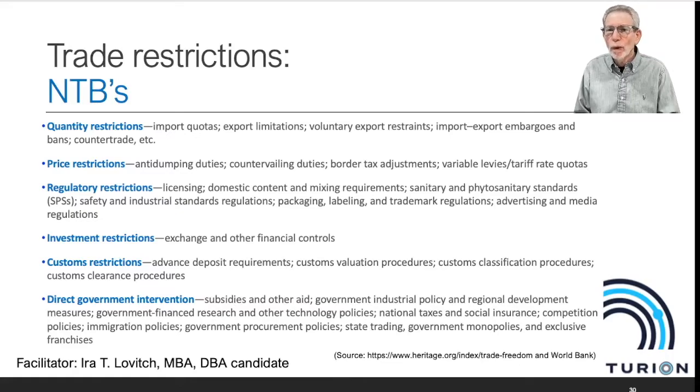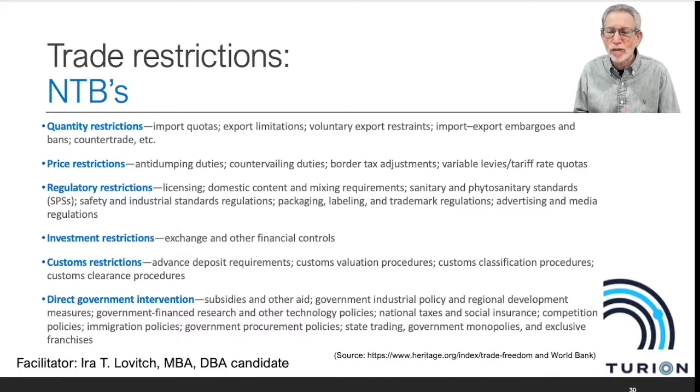Counter trade, which indicates that the only way to import into our country is if you let a company from our country export into your country. Anti-dumping. Dumping is a complicated rule. Well, maybe not that complicated, but it indicates that a country or a company in that country is not allowed to sell products artificially at low prices, lower than they might even be sold in their own nation.